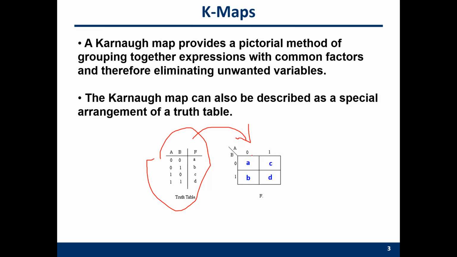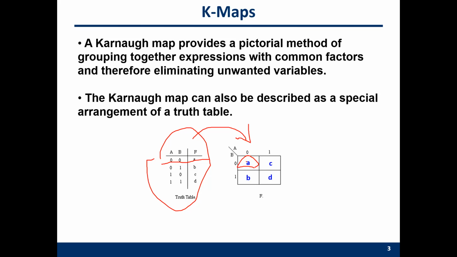When A equals 0, B equals 0, this is this row in the truth table. But in the K-map, we have this box. This box indicates what will happen when A is 0 and B is 0, too. So we use this box to indicate the output here.